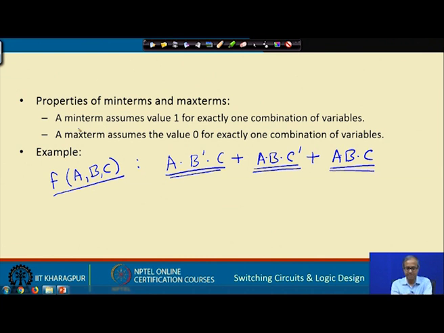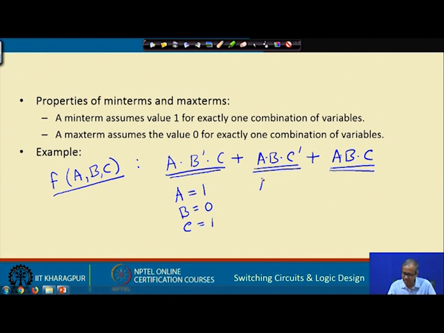What I say is that a min term assumes the value 1 for exactly one combination of variables. Consider the first min term: only when the input variable a is 1, b is 0 and c is 1, the first min term will have a value of 1, because a is 1, b bar is 0 bar which is 1, and c is 1; 1 and 1 and 1 will be 1.